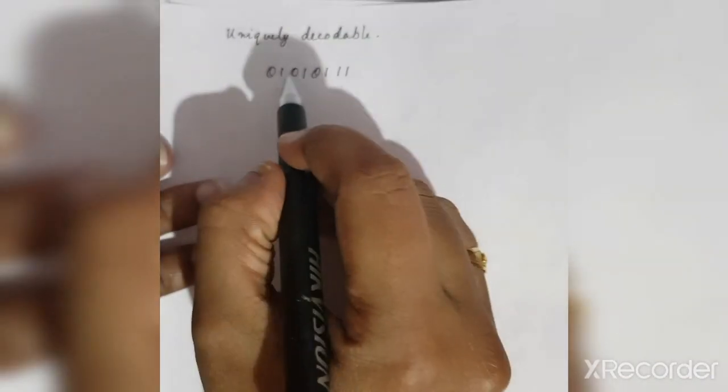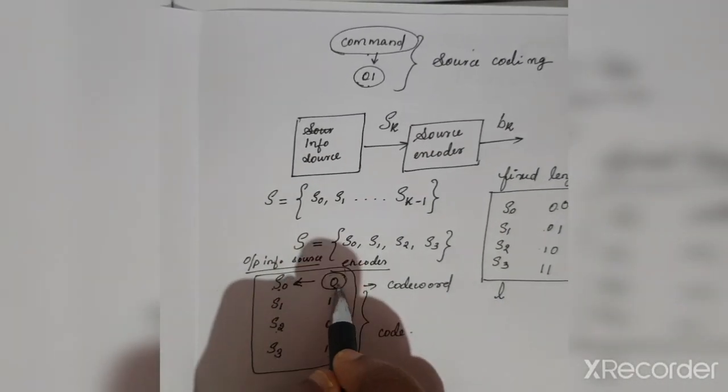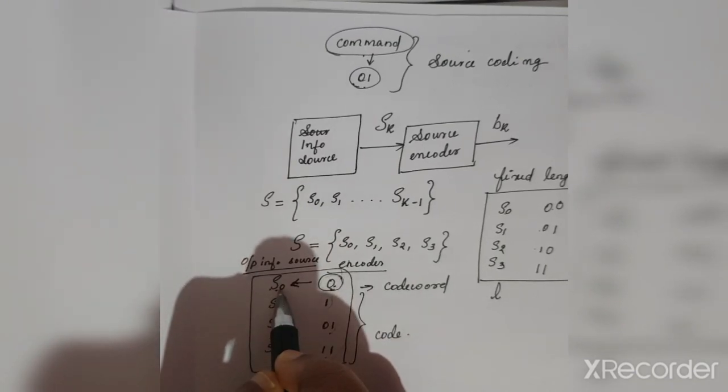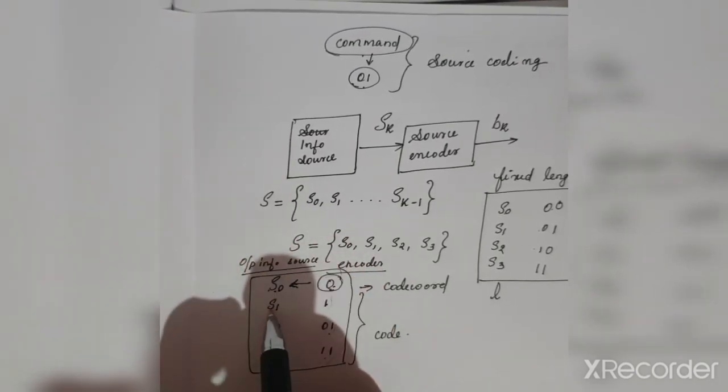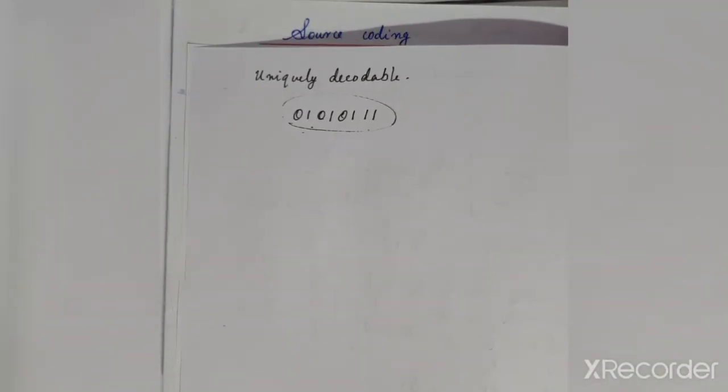Now when the receiver looks at this binary sequence, from the code that has been created, we know 0 can be decoded as the symbol S0 and 1 can be decoded as the symbol S1. Actually this sequence has two ways in which we can decode it.